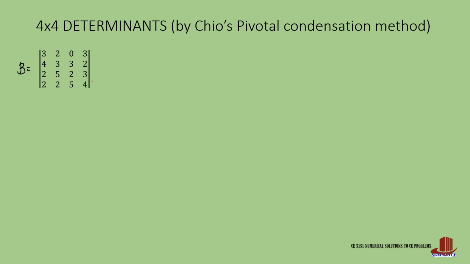Let's choose the last row. In this case, if we are going to extract 2, we would have the same elements for the other columns or other rows.